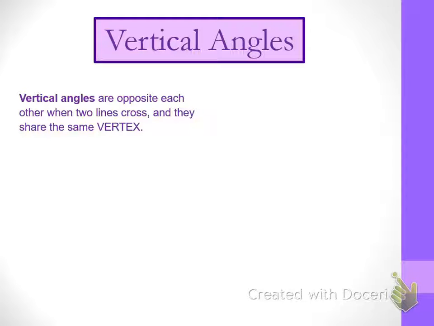So vertical angles are opposite of each other when 2 lines cross, and they share the same vertex. So, if you have 4 highlighters, that would be helpful, but I would have at least 2 out.